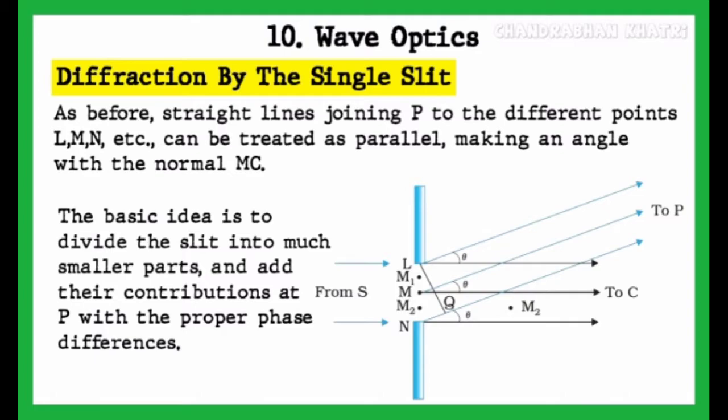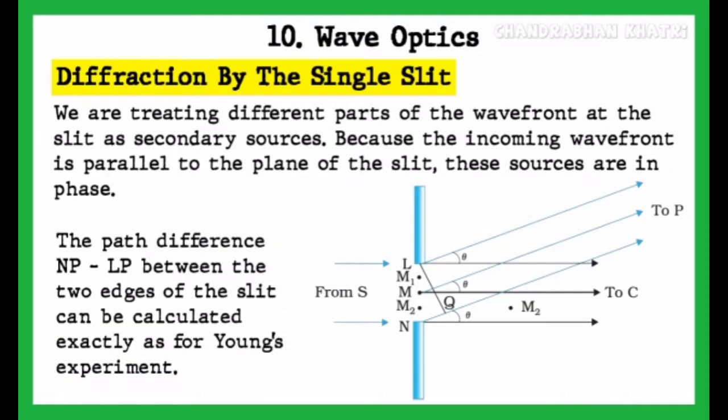The basic idea is to divide the slit into much smaller parts and add their contribution at point P with the proper phase differences. We are treating different parts of the wavefront at the slit as secondary sources because the incoming wavefront is parallel to the plane of the slit. These sources are in phase.